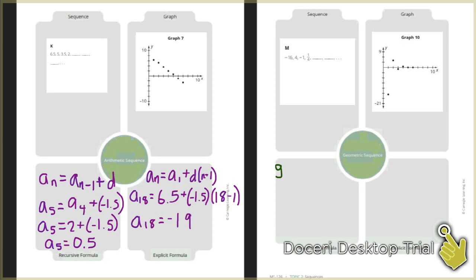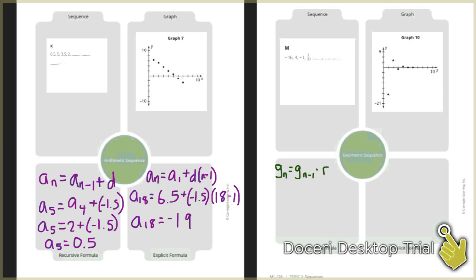So we know that g to the nth term is going to be equal to g to the n minus 1 term, the previous term, times r. And r is just our common ratio. Well, in this case, our common ratio is negative 1/4. We're multiplying everything by negative 1/4 each time.